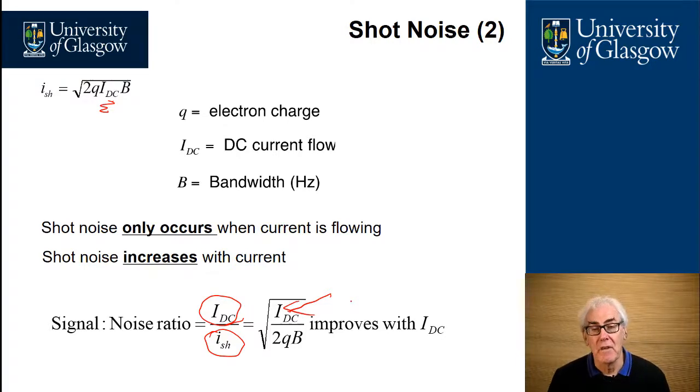So you can improve the performance of your amplifier by running it with higher currents. And that's one of the techniques you would use in the design of the input stage of an amplifier.